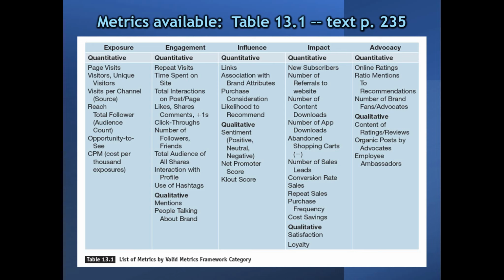Not everything is going to be valuable to every marketer, but there are certain things that are going to determine how well a message is being received, how cost effective it is to put the effort that you're putting into a social media campaign, and all those sorts of things. So there's all sorts of different options for you to be able to have different types of measurements and standards when it comes to gauging your progress on social media.